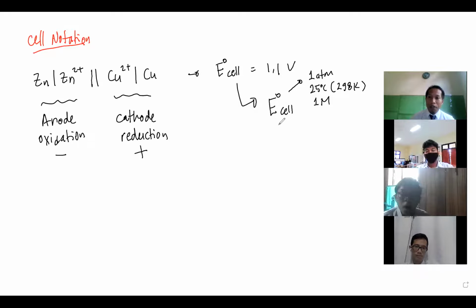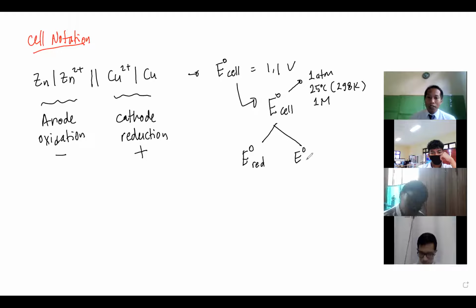Alright. Now, actually, this E cell can be found by looking at individual E values. What does individual E value mean? We have two E values, E0 red and E0 ox, or oxy.